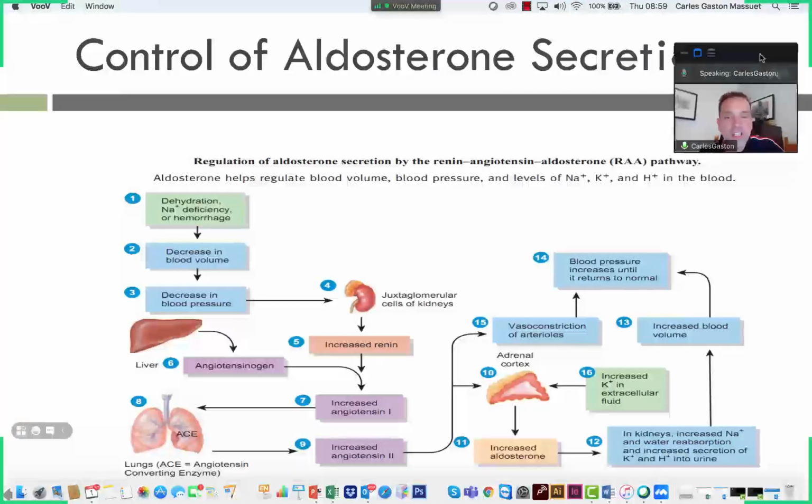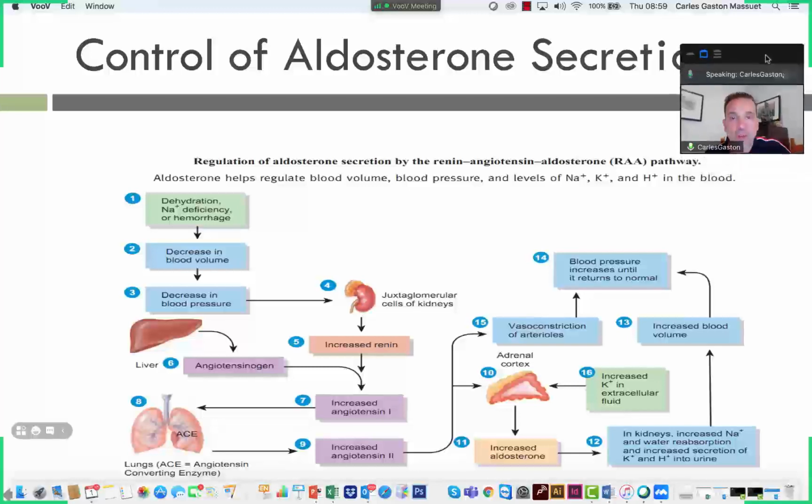So if we look a little bit into aldosterone, we will study this in more detail, right? What is the regulation of aldosterone? It regulates, through the renin-angiotensin pathway, the levels of potassium and sodium in the fluid.